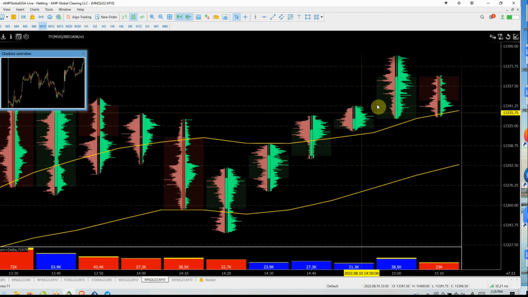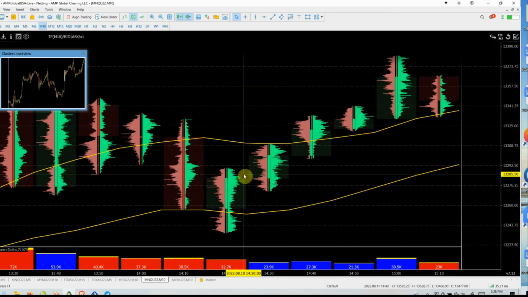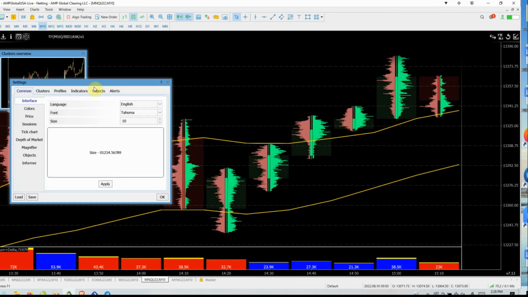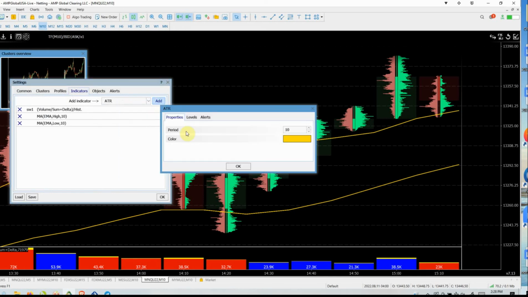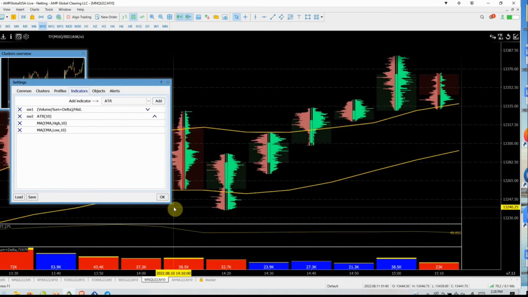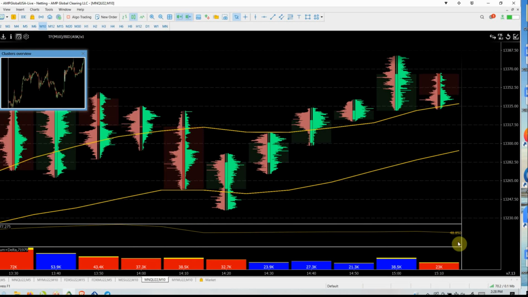Now you can use a trailing stop as well once you get into profit. Maybe use your ATR. I don't know if this thing offers ATR. It does. Yeah, we'll just leave it at 10. So you can add an ATR on here. Okay, so the ATR is 48.